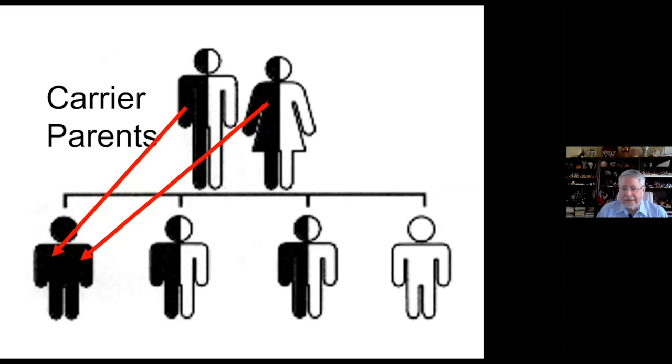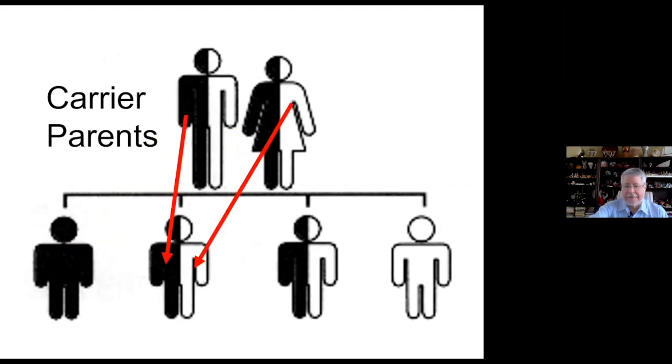In this case that's illustrated here, both the mother and the father have given this child a copy of the tyrosinase gene that's able to make melanin. So this child has two copies of the tyrosinase gene that's able to make melanin, and this child does not have albinism and is not a carrier like the parents.